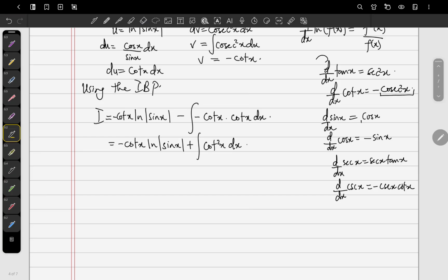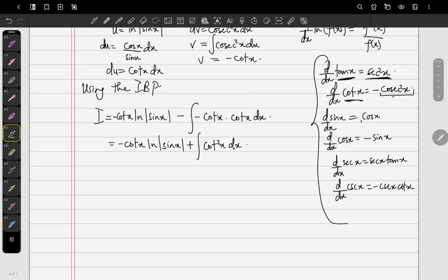From the list that we have written here, we know the integral of cosec squared x will be negative cot x, and we know the integral of sec squared x will be tan x. But there is no cot squared x here. However, since we know the integral of sec squared x and cosec squared x, we should think of a way to relate cot squared x with one of them.